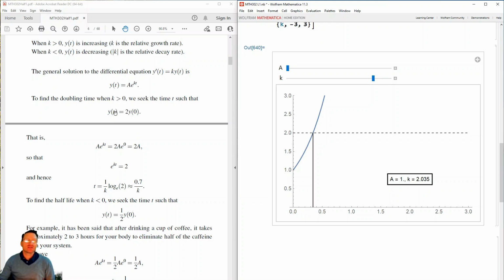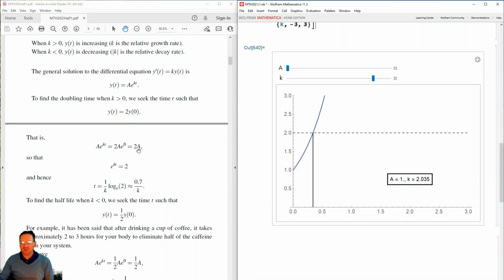So if we substitute e to the kt for y, on the right hand side we have 2y(0), which is 2 times a e to the power of 0, but e to the power of 0 is 1, so that's just 2a.